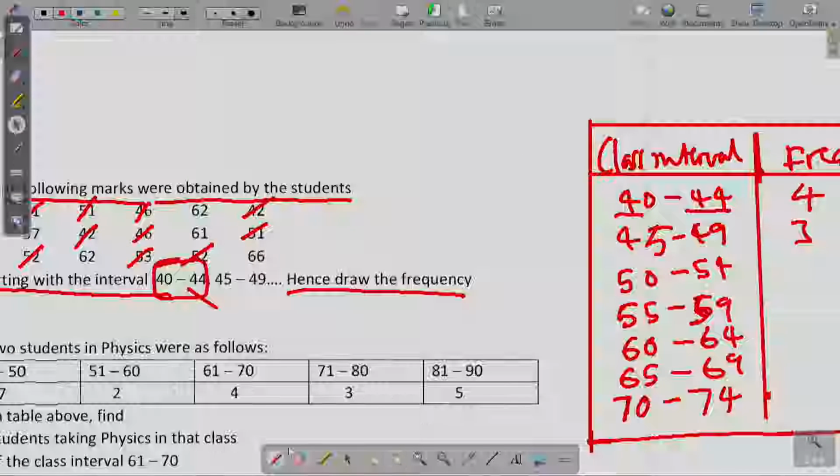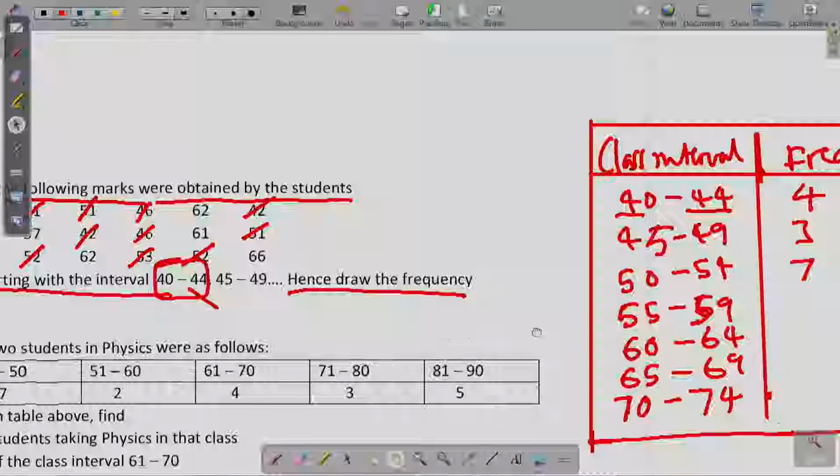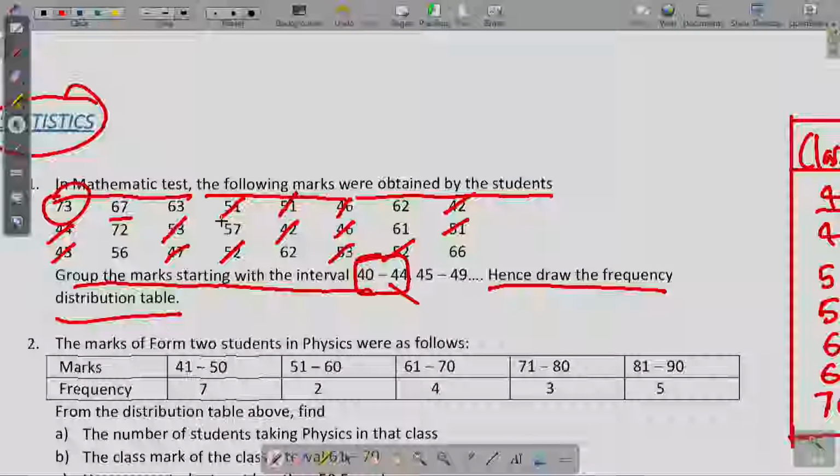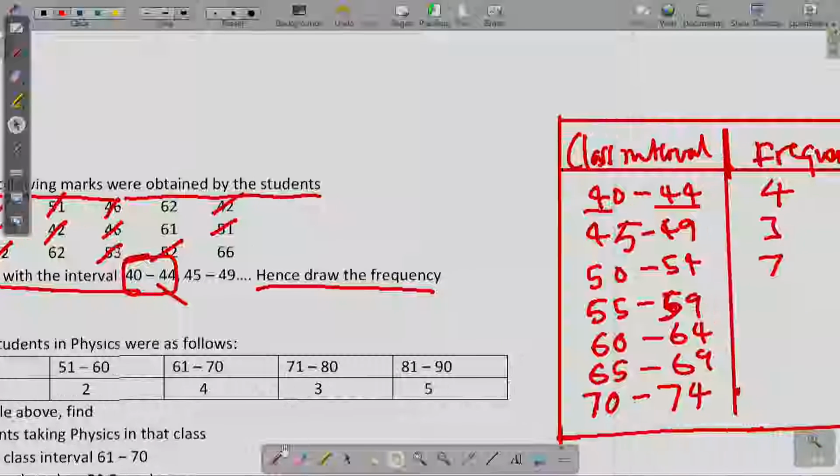So here I get 7. Now from 55 to 59. 1, 2. Here I get 2.